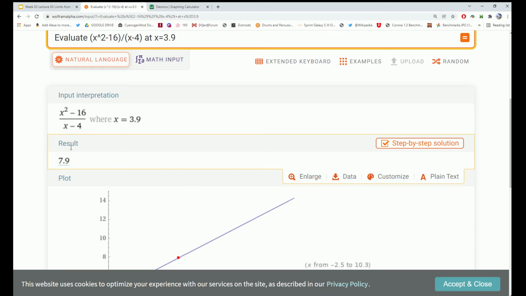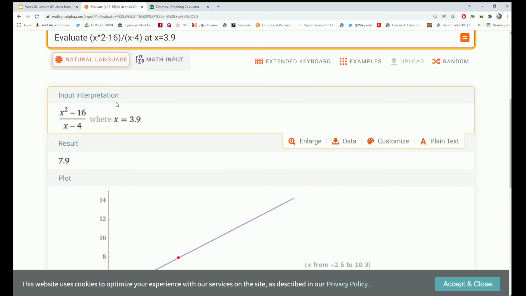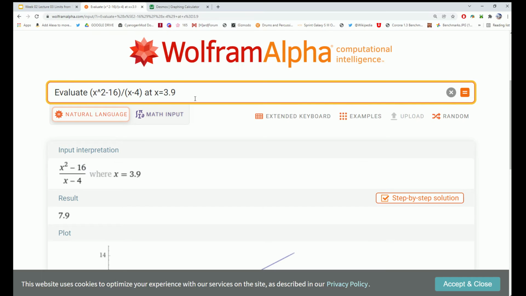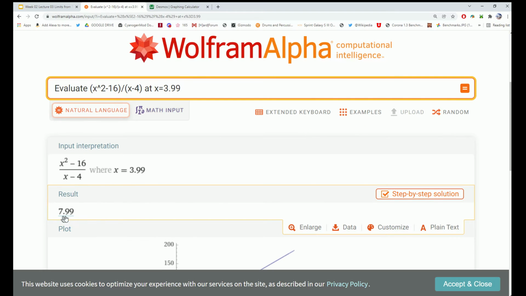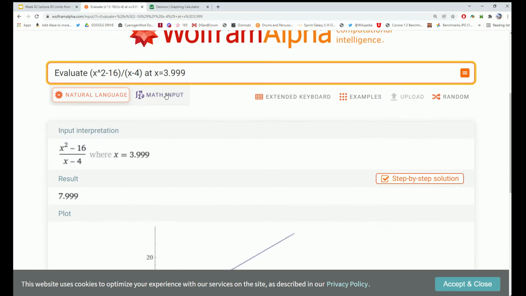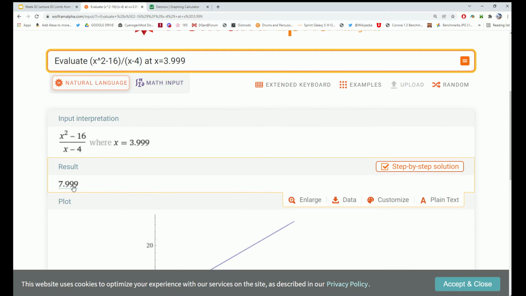And this is a very convenient way to calculate your results, because if you need to calculate it at a different x value, you don't have to retype anything. You can just come up here to where the 3.9 is, say 3.99. And the result is 7.99. But 3.999, 7.999.